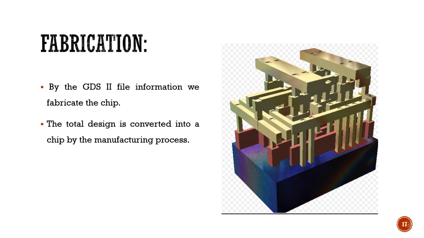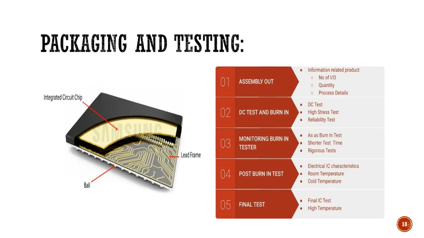So we need one more step of verification, or else if I ignore this verification and go to mass production, and there is a fault in any one portion, the entire ICs under mass production are going to be wasted. So after fabricating using various manufacturing processes, before converting into mass production, I need to do packaging and testing.